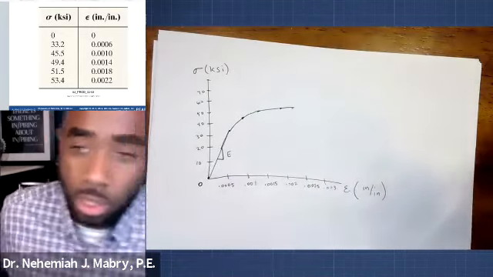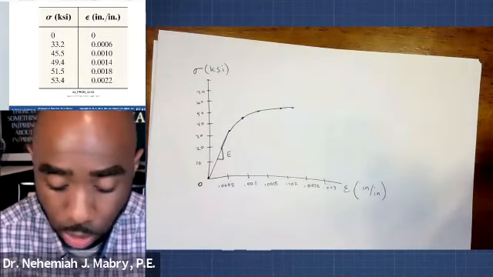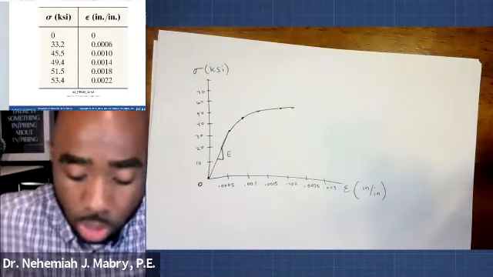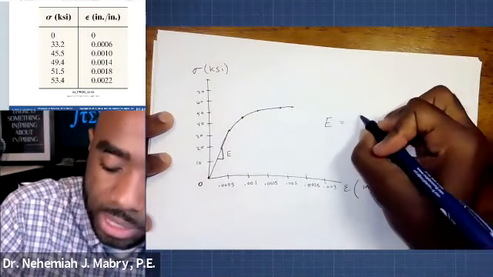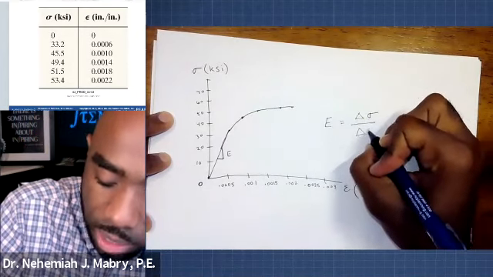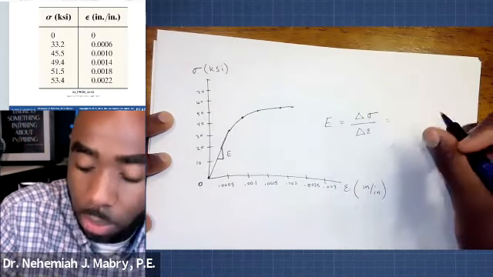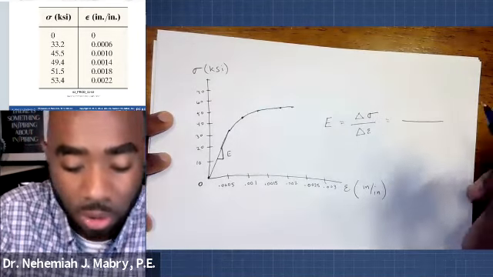Because ultimately we just want to know our modulus of elasticity. Now this is pretty simple though. We're going to, as I just wrote previously, find the change in the stress and the change in the strain. Well, what can we use as our initial and our final?